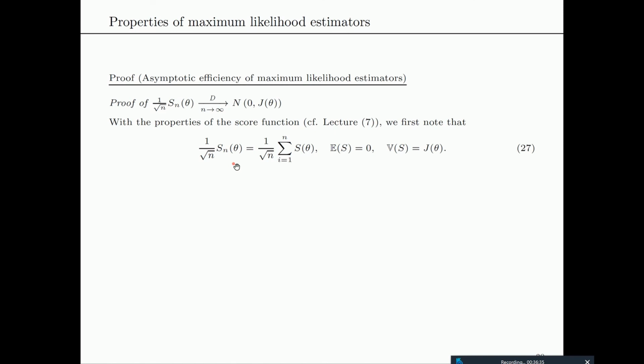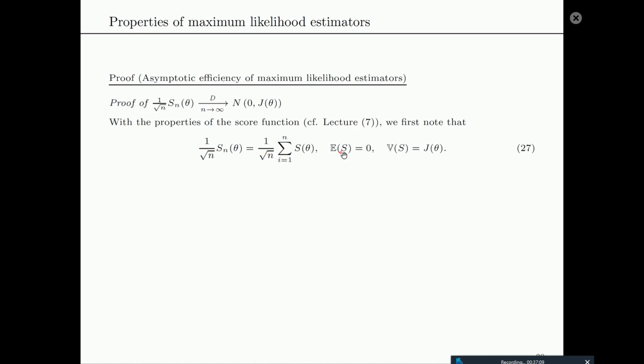One thing that I didn't include there but mentioned is that if you have the score function of a random sample, this corresponds to n times the score function of the random variables that make up the random sample. All these random variables have the same distribution, and if you multiply their score functions, you get the score function of the random sample. So this we can rewrite as this.